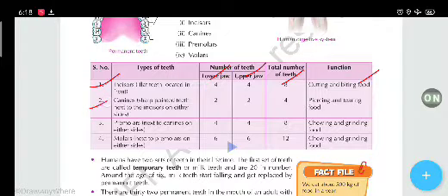Therefore, the canines are sharp pointed teeth next to the incisors, it means they come after the incisors. The number of canines in each jaw is 2, and the total is 4, used for piercing and tearing the food. The third one, as I told you, the premolars, 4 in the upper and lower jaw, and the total number of premolars is 8.